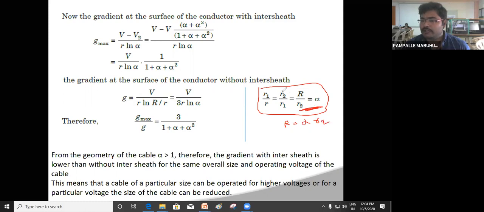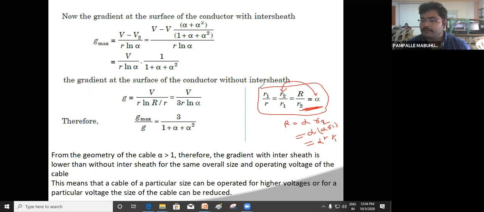Now R2 can be written as alpha into R1, so R2 is equal to alpha into R1, which gives alpha square into R1.